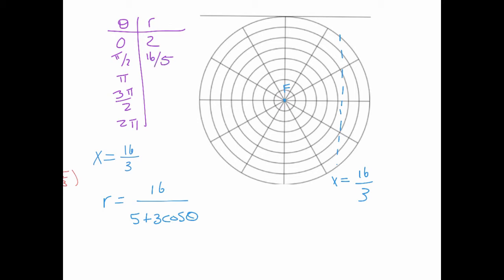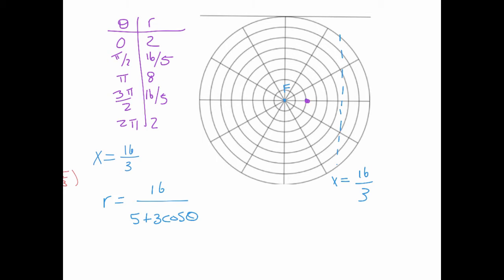Plugging in pi makes it a negative 3, so it's 5 minus 3, which is 2. So 16 divided by 2 is 8. Plugging in 3 pi over 2 again makes the cosine go away, so you get 16/5 again. And plugging in 2 pi gives you the same thing as when you plugged in 0. So let's plot these points. We rotate 0 and walk out 2.